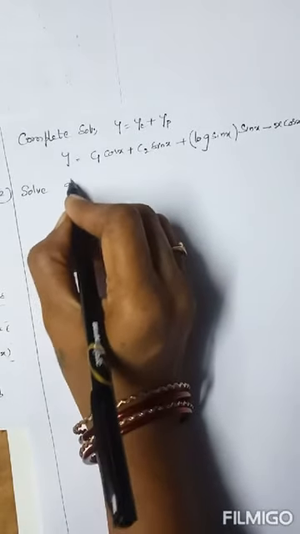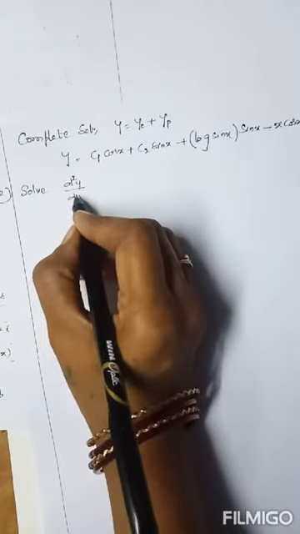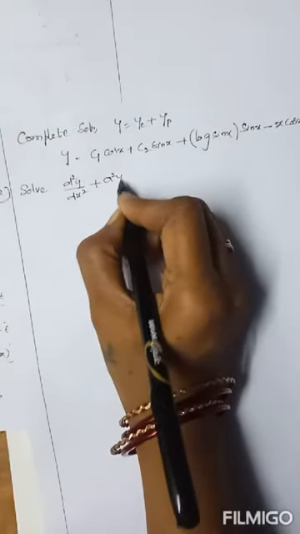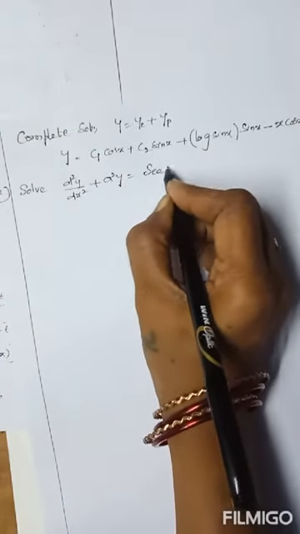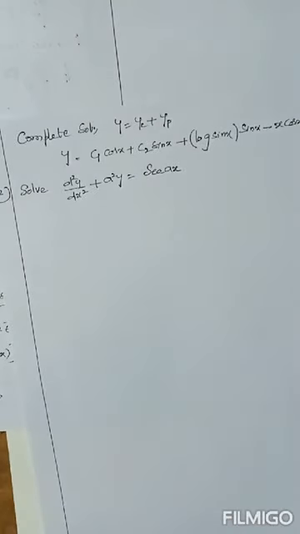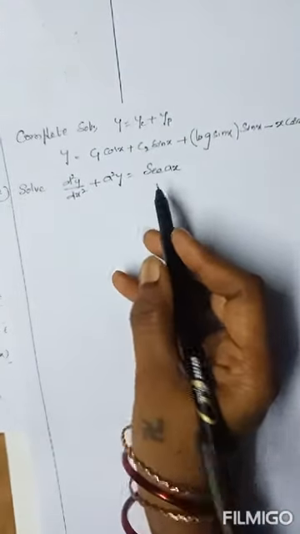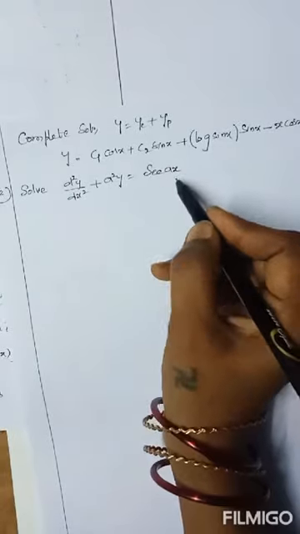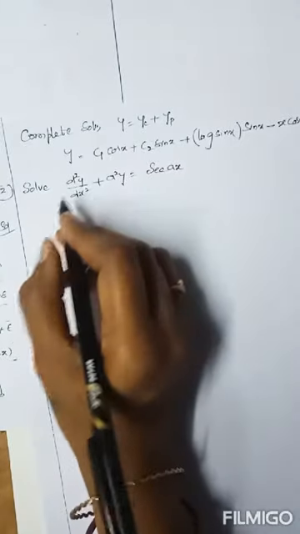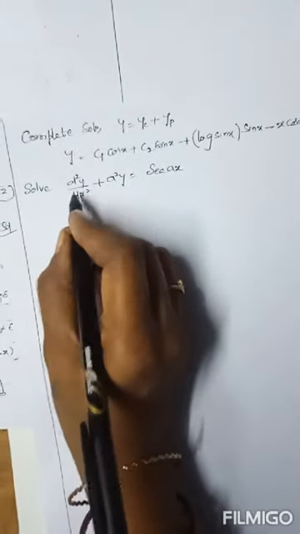Second question. Solve d square y by dx square plus a square y equal to secant ax. Now this is a second order differential equation, so on the right hand side there is a function, and it has two solutions, yc and yp. First write the standard form by writing symbols for the derivatives.